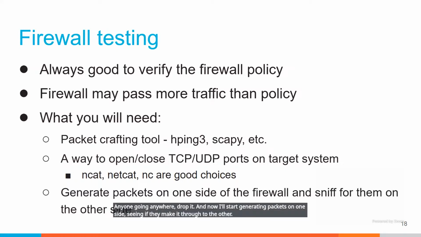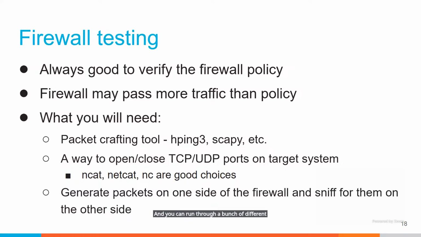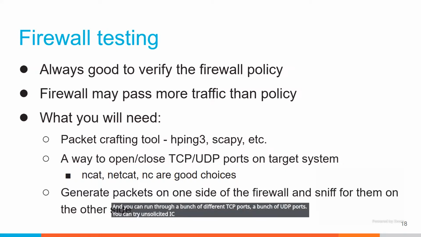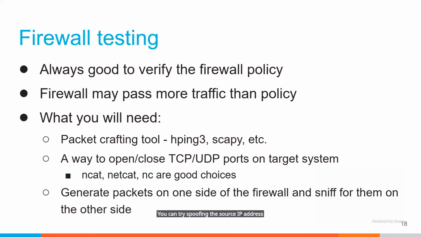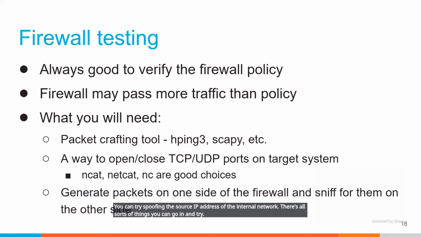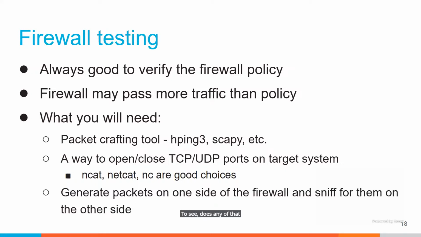You can run through a bunch of different TCP ports, a bunch of UDP ports. You can try unsolicited ICMP error messages. You can try spoofing the source IP address of the internal network. There's all sorts of things you can try to see if any of that makes it through the firewall to the other side. And like I said, I've actually been unpleasantly surprised by my results of that type of testing in the past.